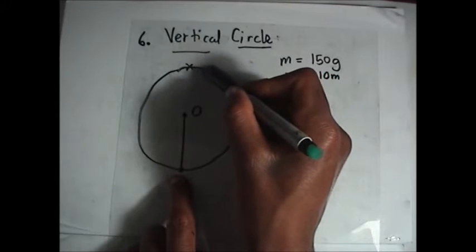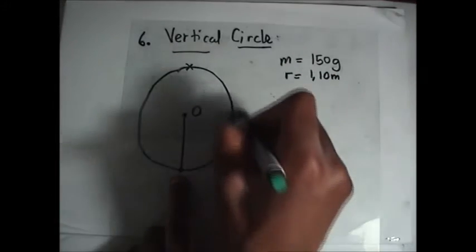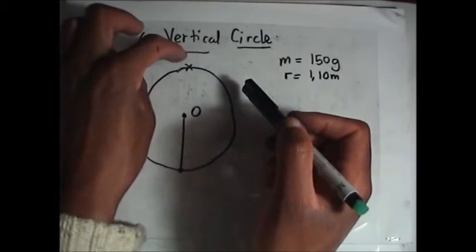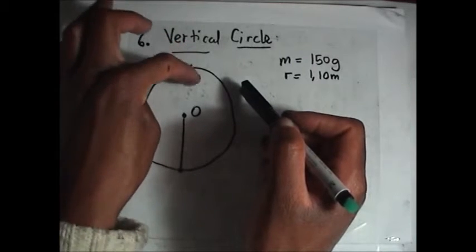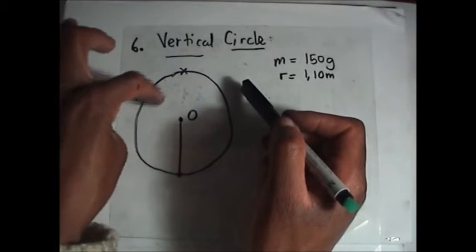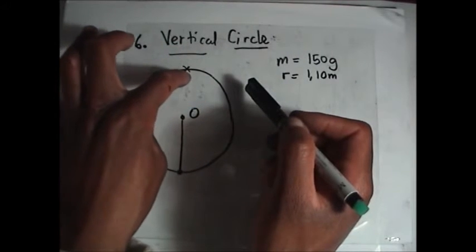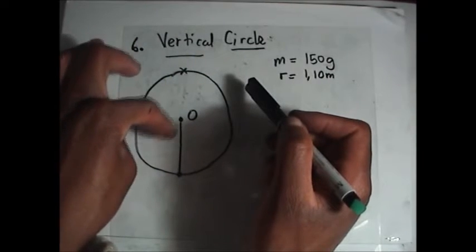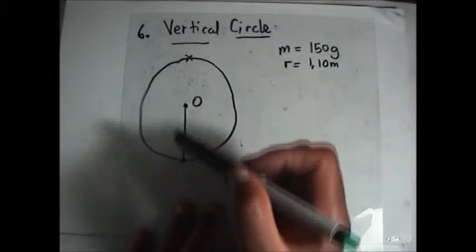As it is losing velocity, sometimes you might even fall back like this. But we want to make sure that it continues moving in a circle, so we need the minimum velocity it has to have when it gets to this point, so that it continues moving in a circle and does not fall back. That's the minimum velocity that we want for part A.